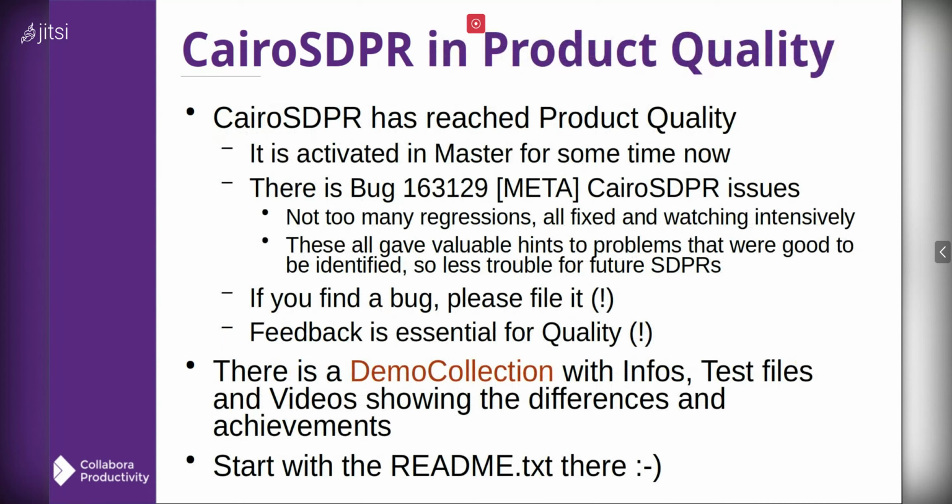So it's also a good test to have an idea what work is necessary to do one. So Cairo SCPR has reached product quality, is activated in master for some time. There's a meta bug to get hands on the regressions. They are pretty much all fixed.